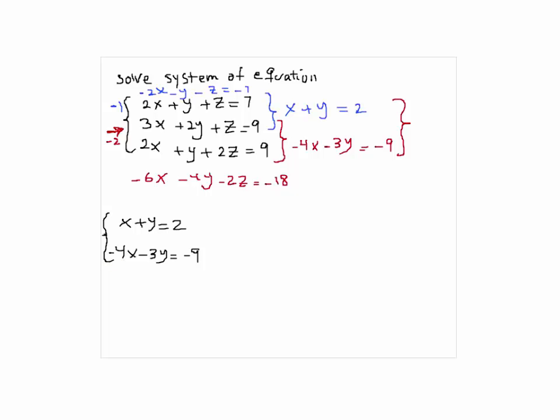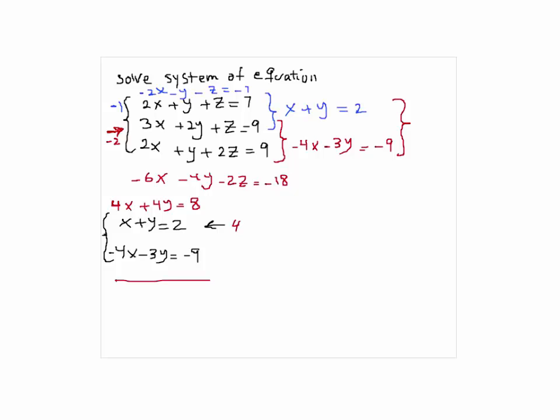So in this case, let's go ahead and solve for x or y, it doesn't matter. If I multiply the top row here by 4, then I would be able to eliminate x. So here gives me 4x plus 4y is equal to 8.